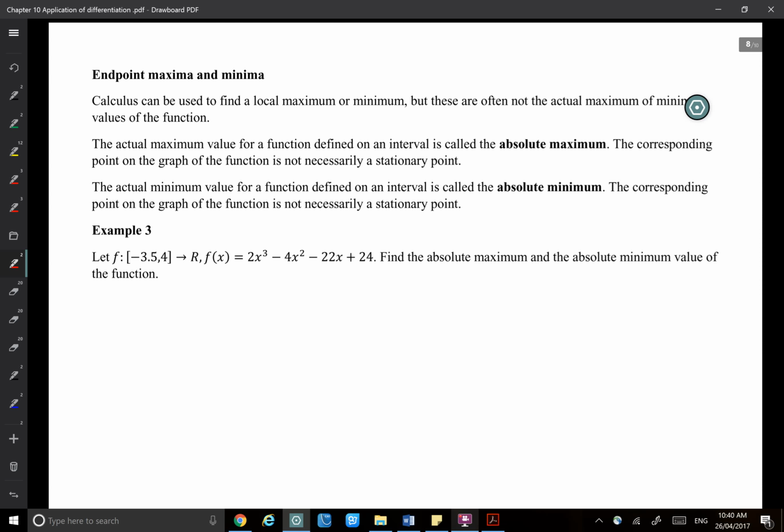Calculus can be used to find a local maximum or minimum. These are the turning points and points of inflection, but these are often not the actual maximum and minimum values of a function, as I showed you before.